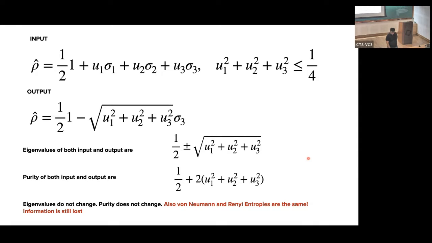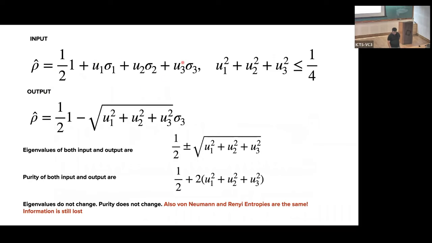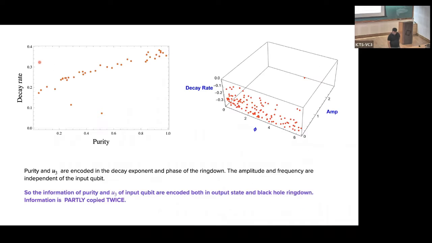Then we change the rho phase balance. Oh, I see. So what is non-trivial here when you're coupling to the black hole is that there is automatic decoupling, which doesn't happen for superconducting qubits and all these other things when they're coupled to cavities. And as I said, the purity and U3 are kind of encoded. So if you take all possible U1, U2, U3 in the Bloch sphere, they map to something like a two-dimensional surface where you find the decay rate and the phase.